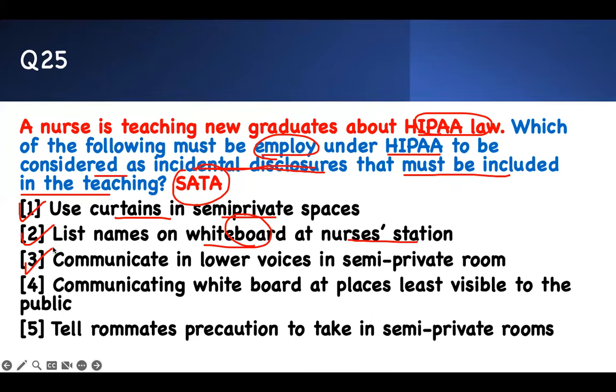Yeah, if I'm writing names of patients, it should be as far away from the public as possible. Tell roommates precautions to take in a semi-private room. Yeah, if we are in the room and you have flu, I can tell your roommate to wear a mask so he doesn't get sick. We should be fine. So all of this can be employed to consider incidental disclosure.